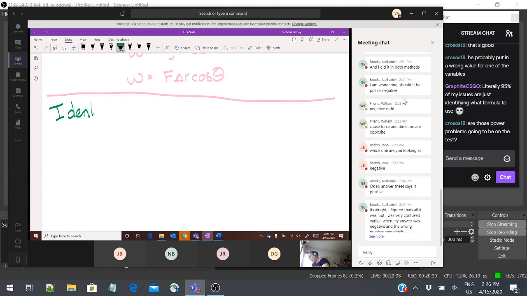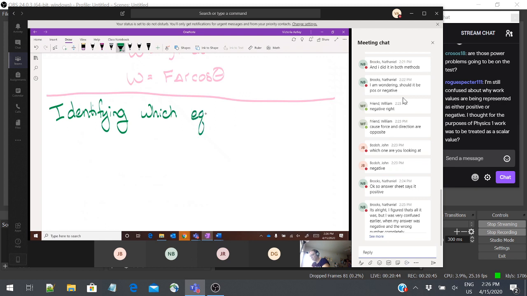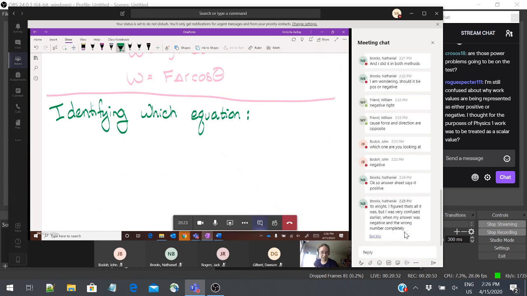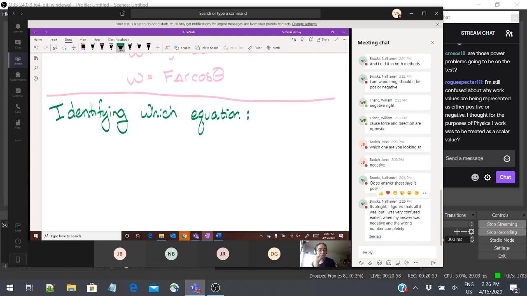Identifying the equation. So I would be careful about focusing too much on identifying which equation to use. Yeah, that makes sense.